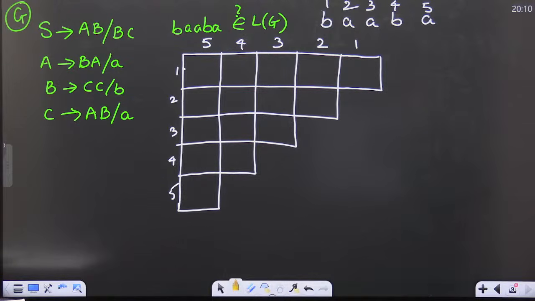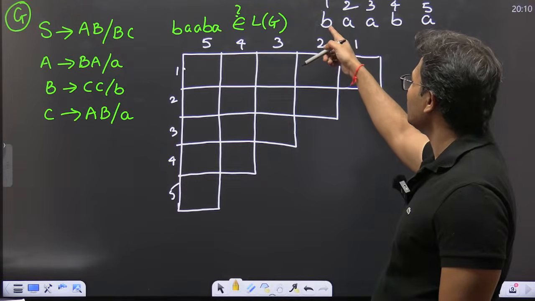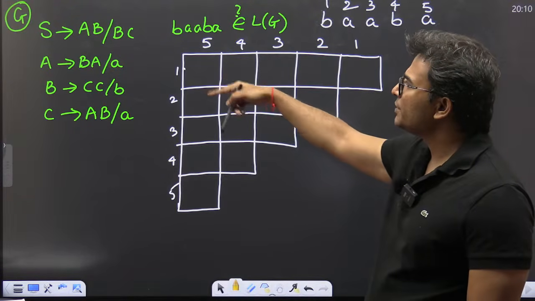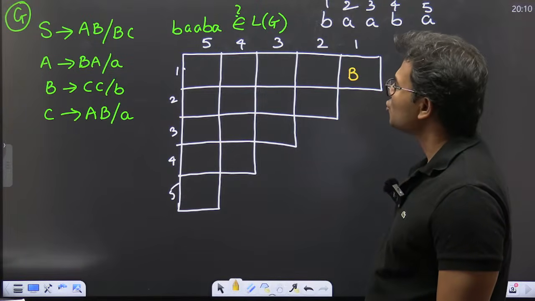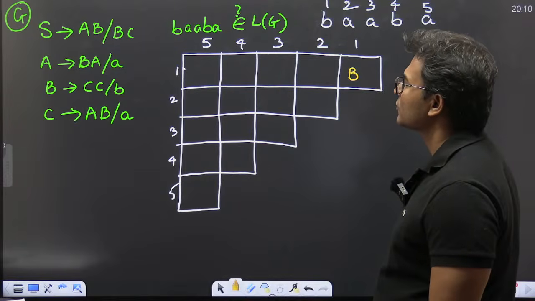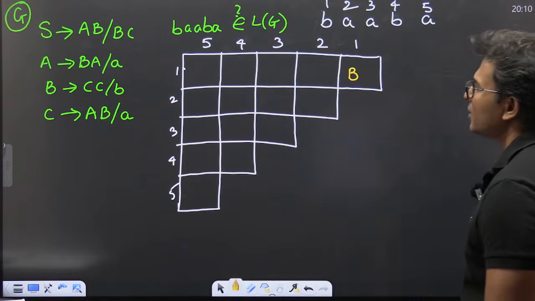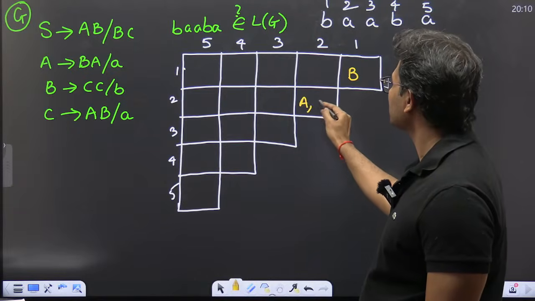Okay, so now tell me what is 1 1. See, 1 1 is B. Now see where B is generated. B is generated by B. Now what is 2 2? 2 2 is A. Now A comma C belong to that.